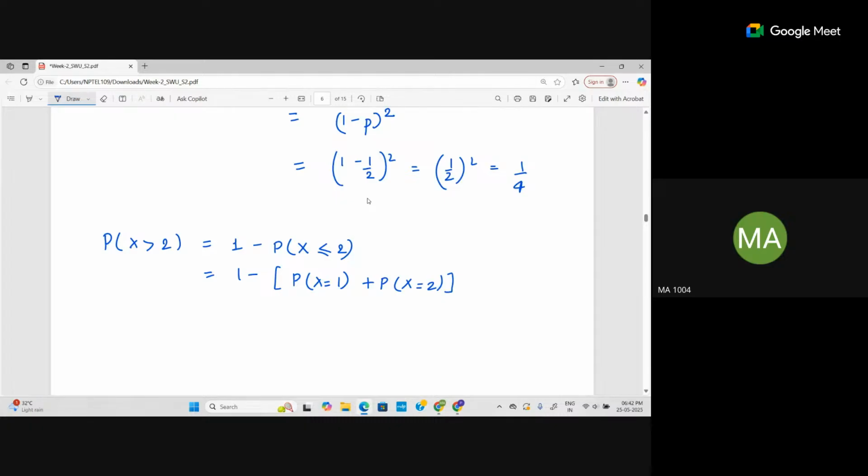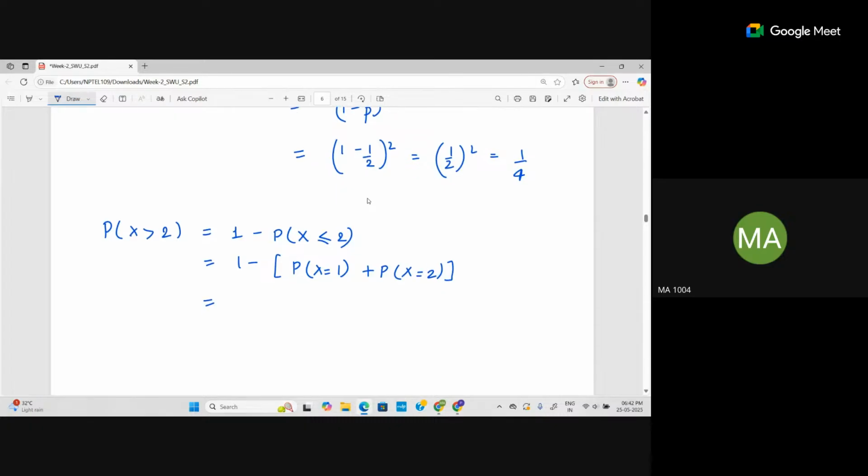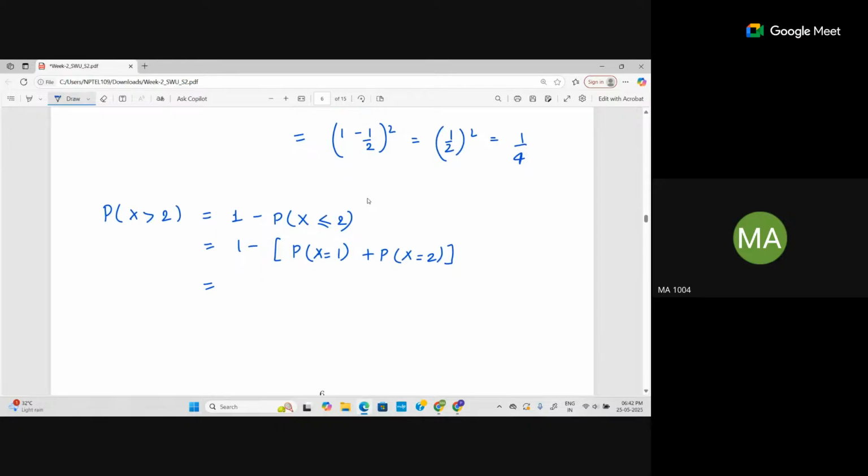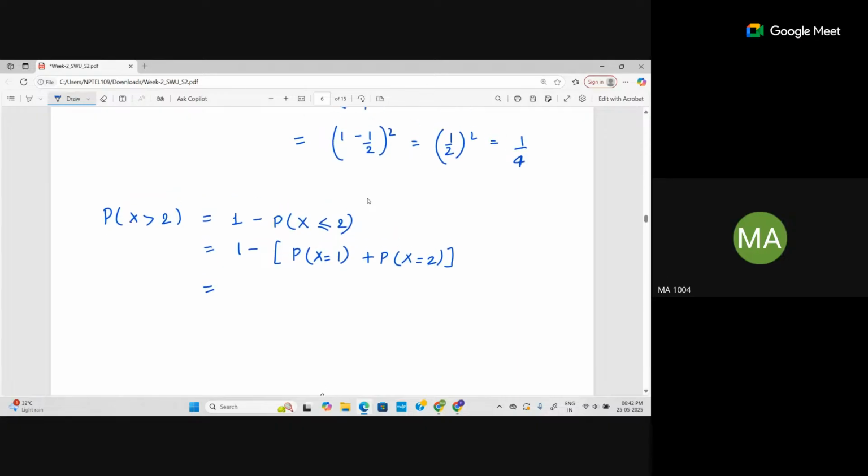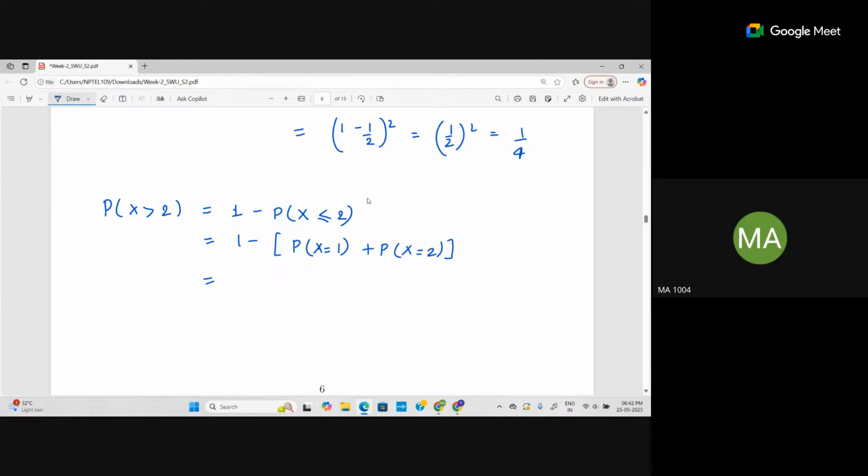Always remember that if you are using the PMF of the geometric distribution, the value of X starts with 1, not with 0. Because X represents the number of trials, so X can never be 0. At least one trial you will have in your experiment. Now you can put the values in the PMF.